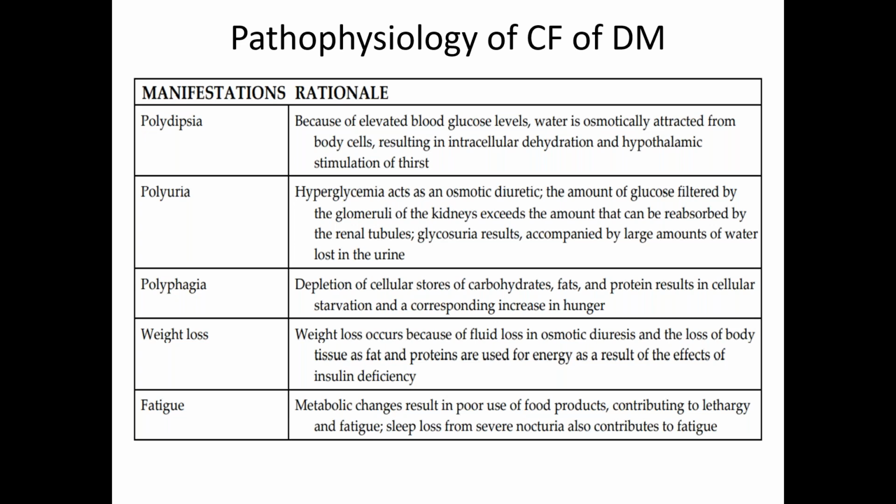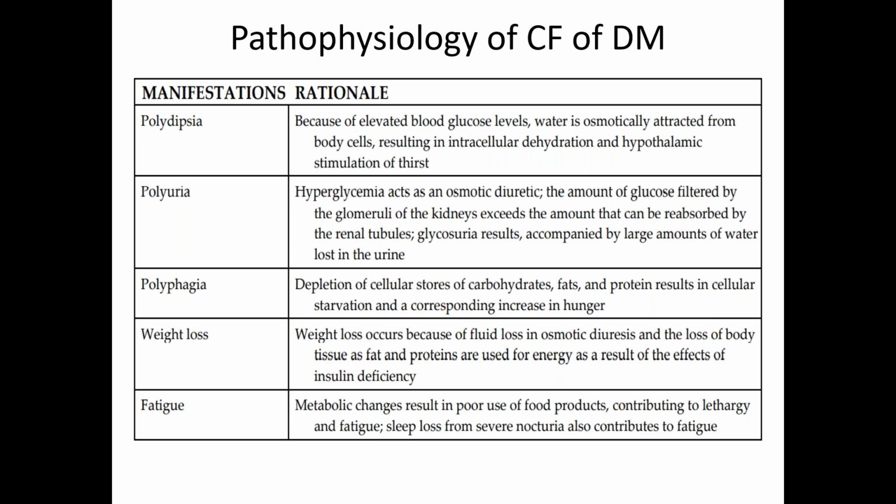Weight loss occurs because of fluid loss, dehydration and osmotic diuresis, and also loss of body tissues because carbohydrates, proteins and fats are broken down. Proteins and fats are utilized for energy in the place of glucose.